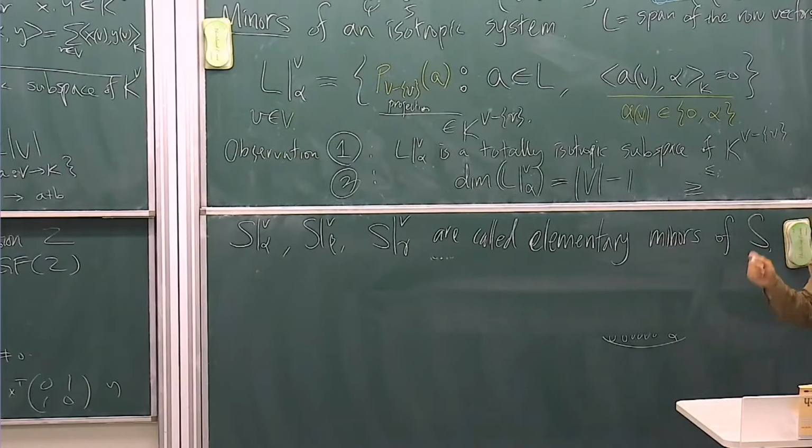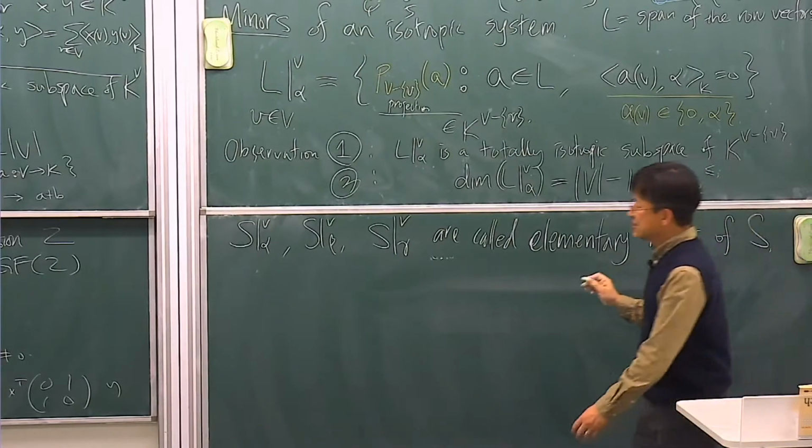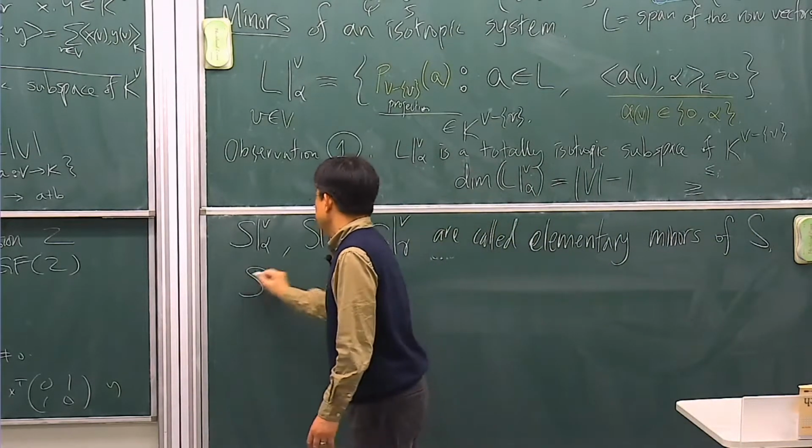So you're doing one reduction. This operation is like, for matroids, deletion or contraction. But now we have one more operation: alpha reduction, beta reduction, gamma reduction. Okay, three possible reductions. Now what is a minor?